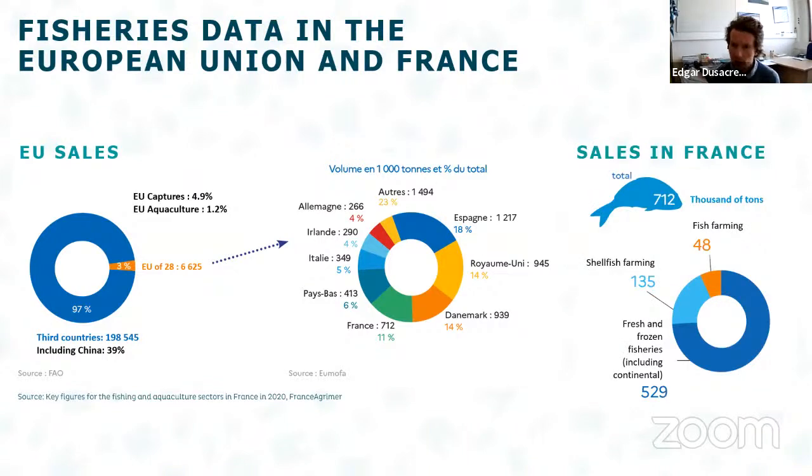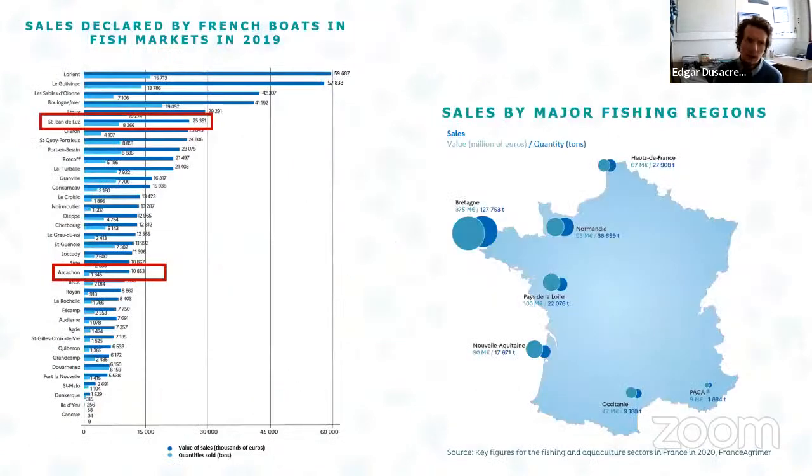In France, most of the sales of aquatic and marine resources come from the fishing activity, and after this are shellfish farming and fish farming. Here are the different harbors and ports by region in France.